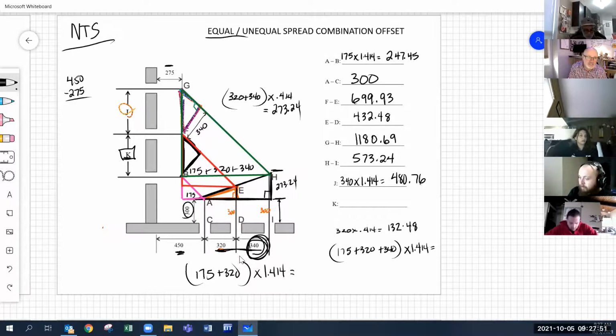And now this run that we have here is 320. So I'm going to go 320 times 1.414, and that would equal K. And that's 452.48.